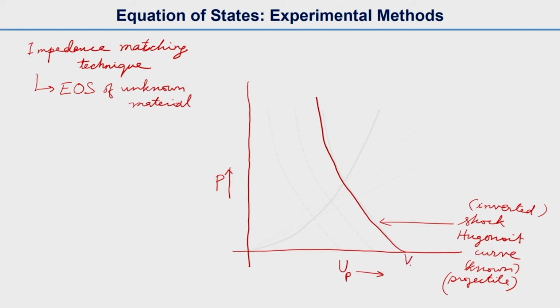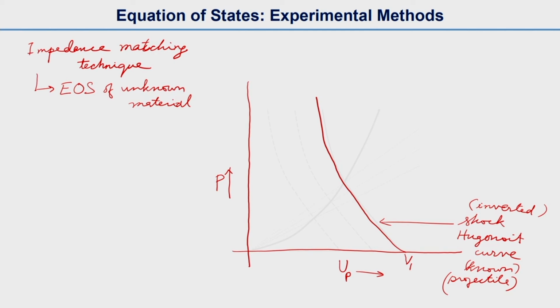This is happening at, let us say, impact velocity V1. That means in the projectile the particle velocity will initially be V1 at the time of contact, and then it will decrease and the pressure will increase.